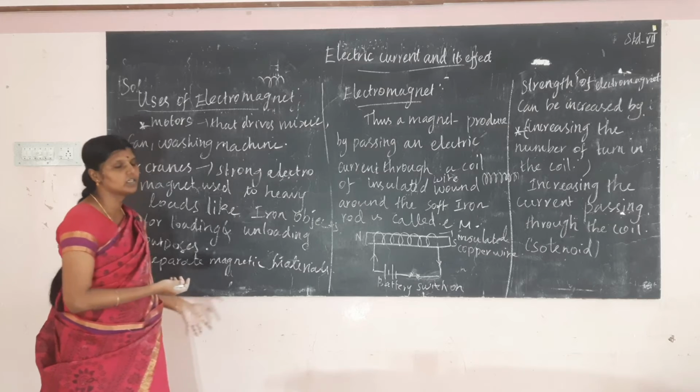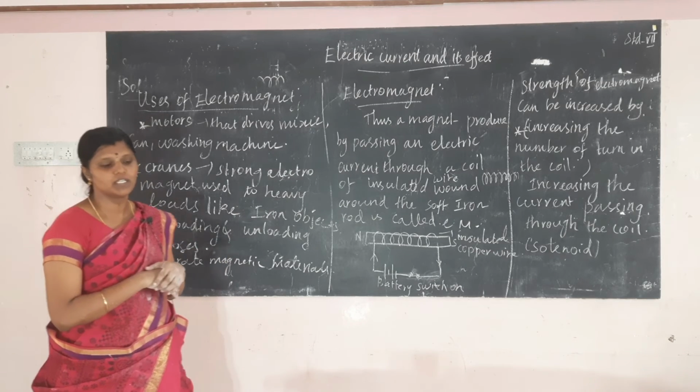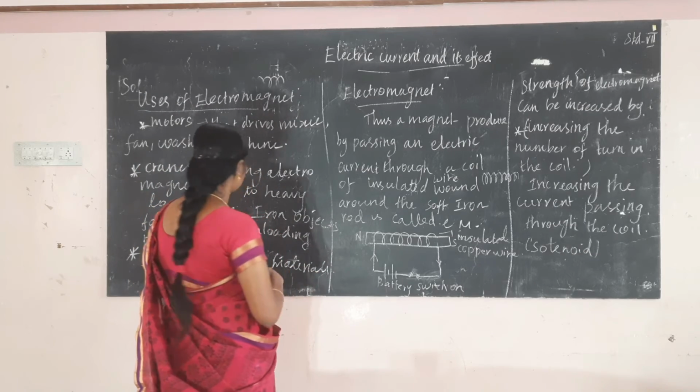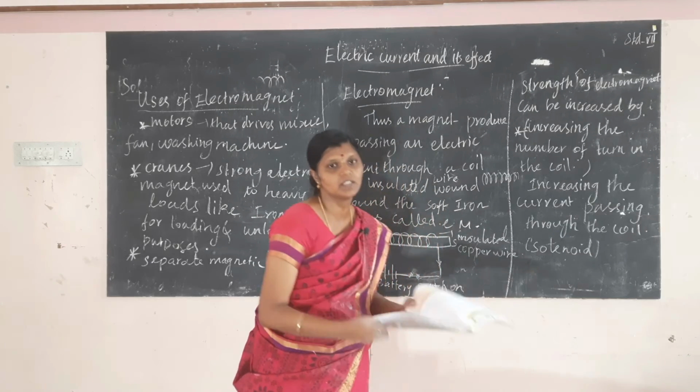The next use is that the electromagnet is used to separate magnetic materials from the junkyard. In a junkyard, what do we use to separate only the magnetic material?